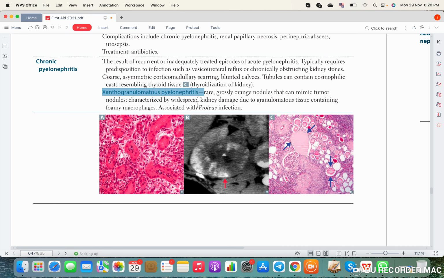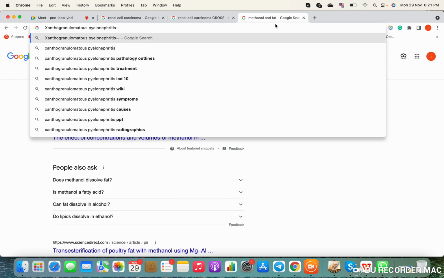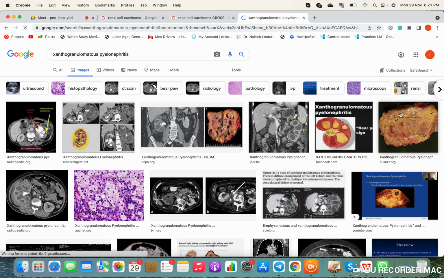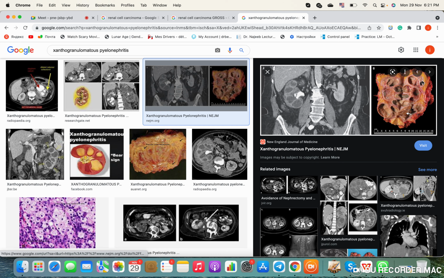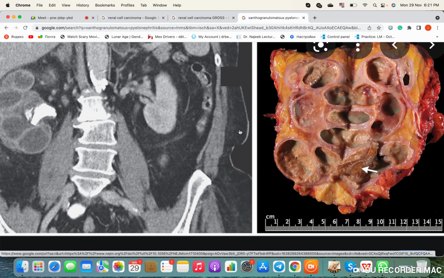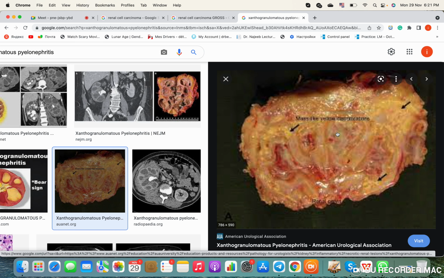Anyway, don't go into the details. Let's take a look at the gross specimen of it. It looks something like this. So it has yellow discoloration as well. So you might confuse it with renal cell carcinoma. The main idea is that in this one, there are no masses and it's diffuse.